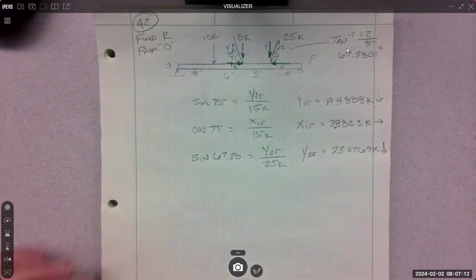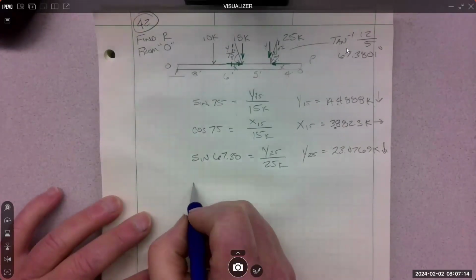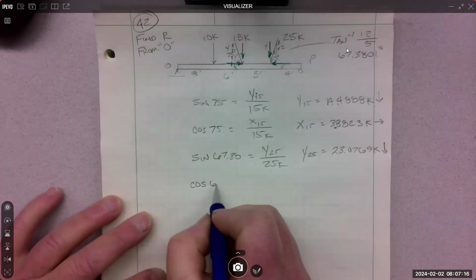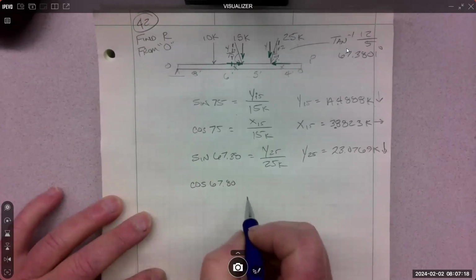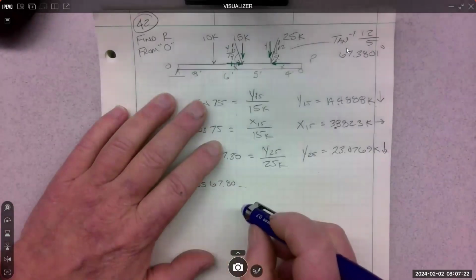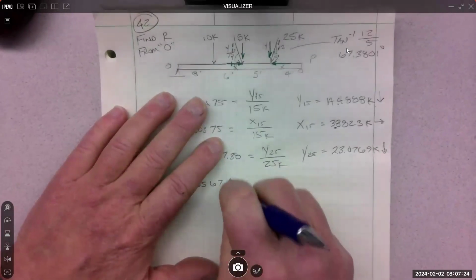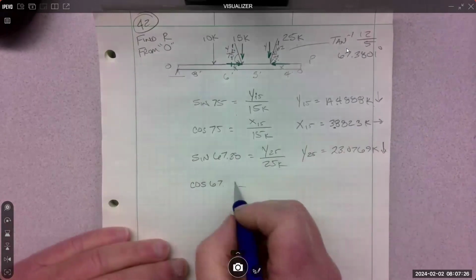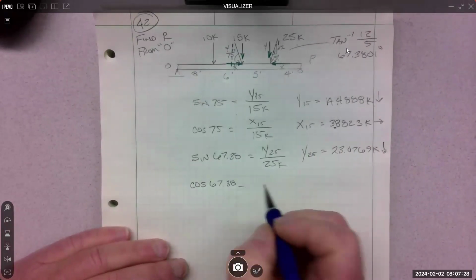And then the other one, the x, would be cosine 67.38. Again, I'm not using this rounded number.